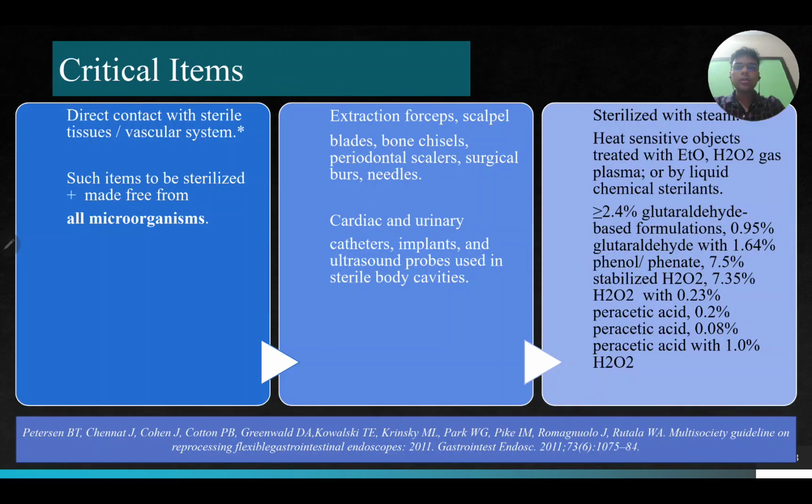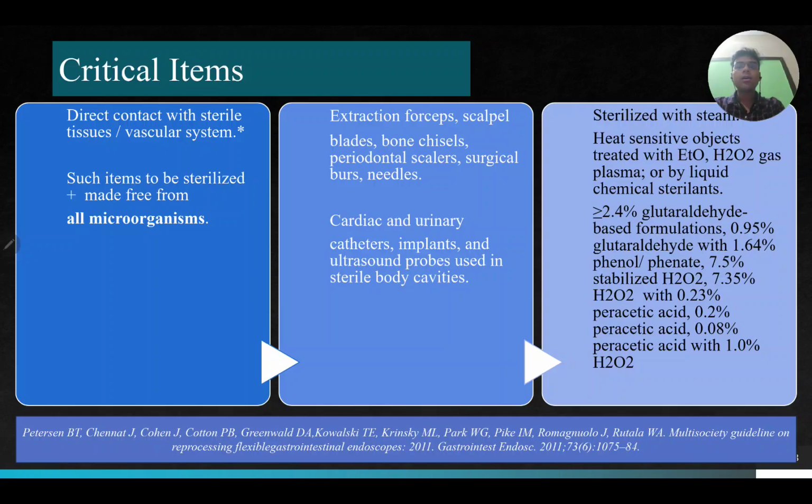Now coming to the critical items, these instruments are such that they come in direct contact with the sterile tissues or the vascular system. According to a reference given by Peterson in the year 2011, these items are to be sterilized and made free from all the microorganisms.